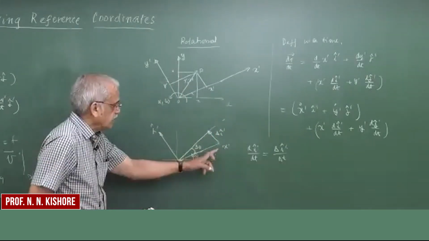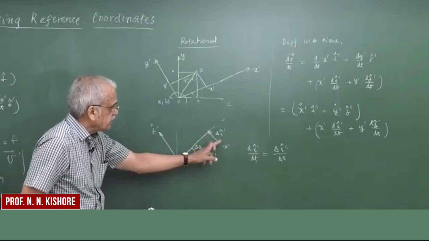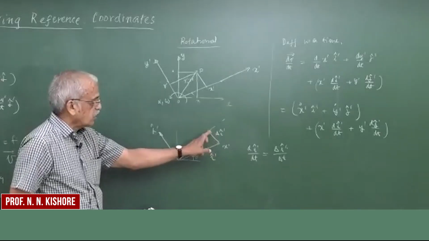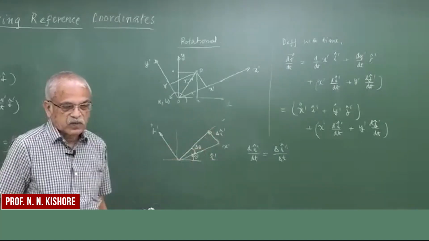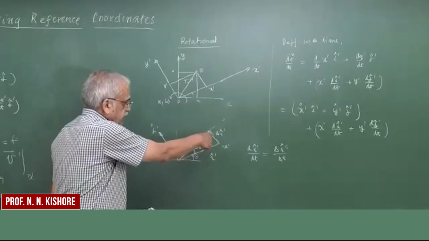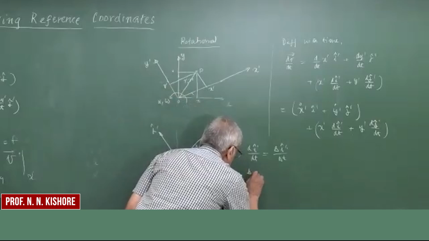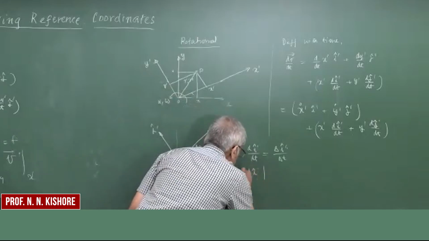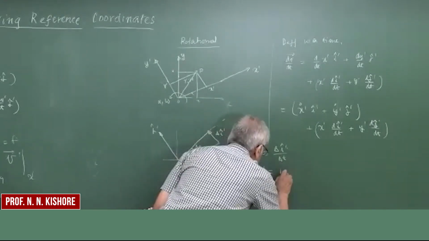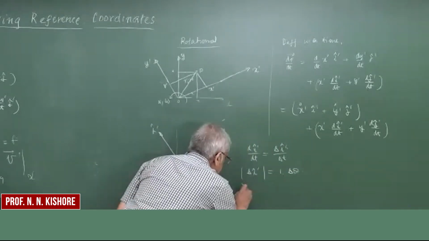So i prime has moved through an angle of delta theta. So the change in i prime is nothing but this small arc or small chord. We know that in the limit, we have done this earlier, the magnitude of delta i prime is nothing but 1 times delta theta.